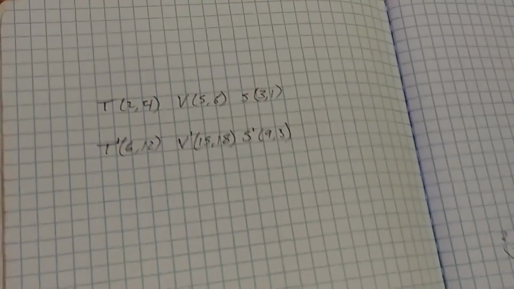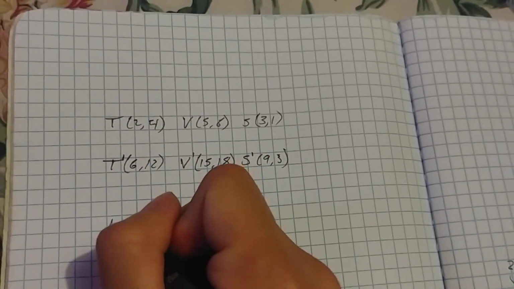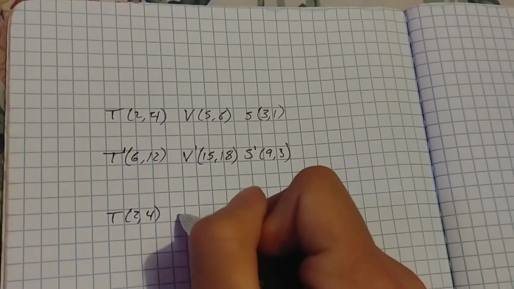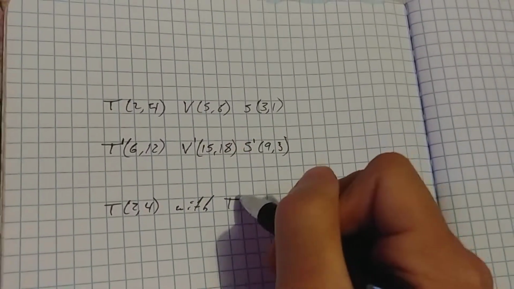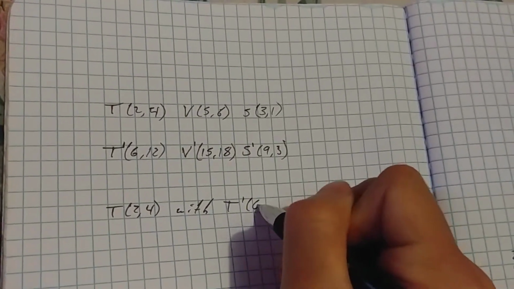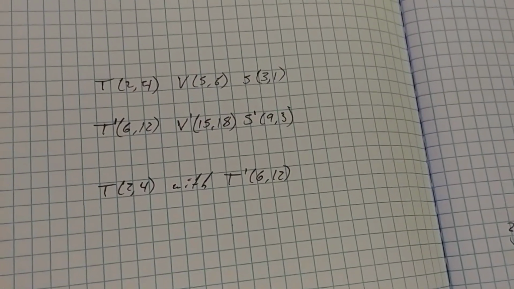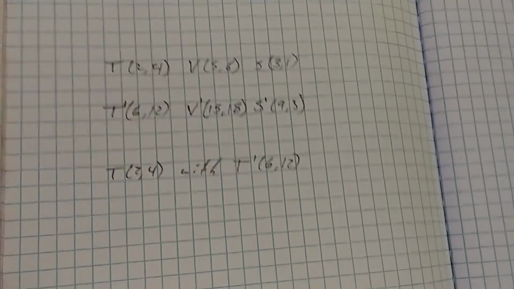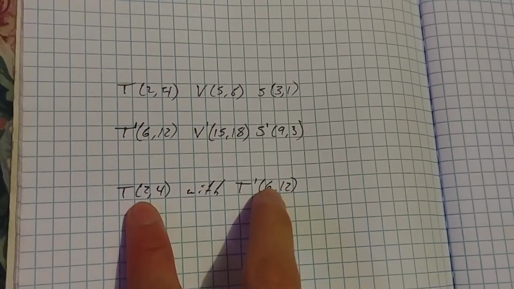Now, let me compare the first set of vertices. I'm going to be comparing T, 2, 4, with T prime, which is 6, 12. I want to find my factor of dilation. So here's the question you want to ask yourself. What do I have to multiply 2 by to get 6?